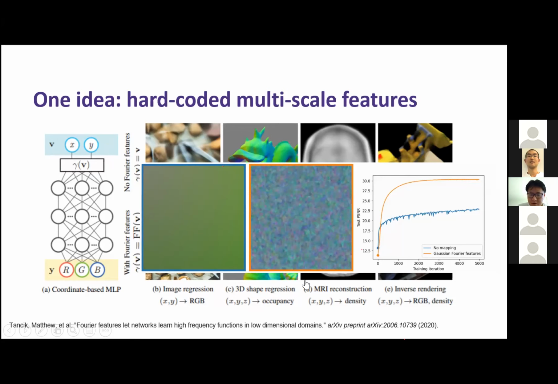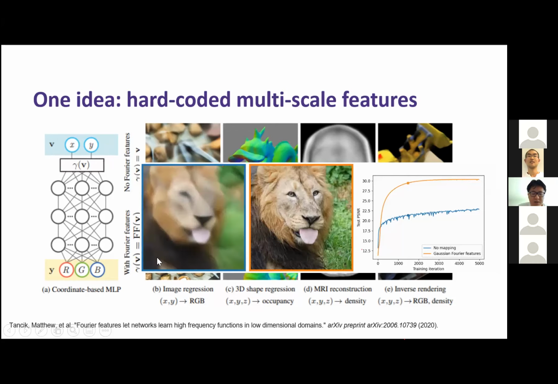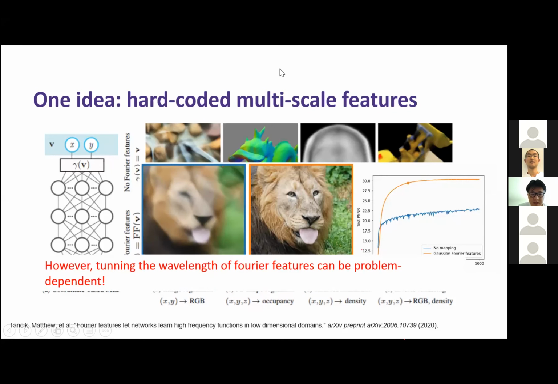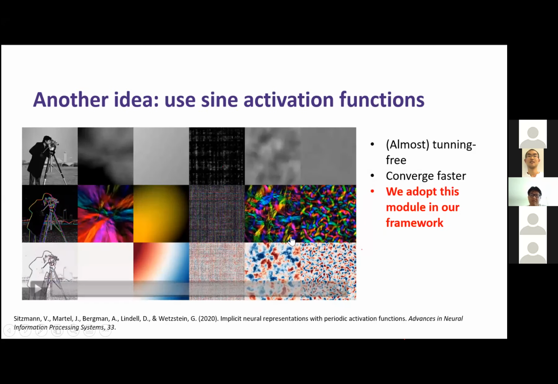However, in practice, I find that if you use hard-coded multi-scale features, the results really depend on how you choose the scale of the sine waves. Therefore, I chose another approach, which is using sine activation functions.